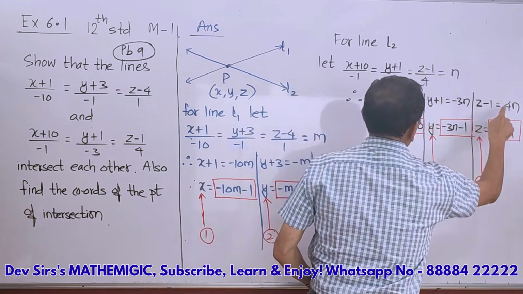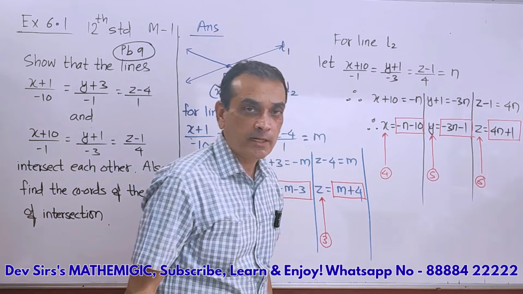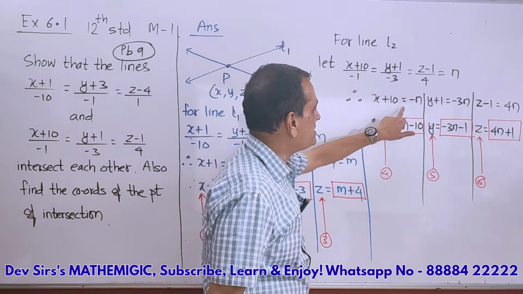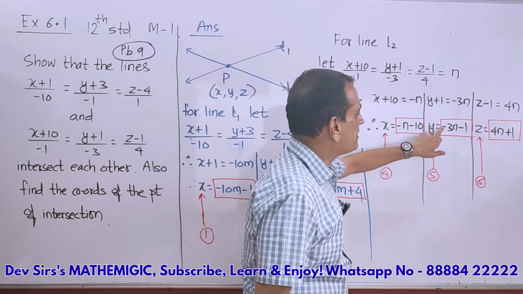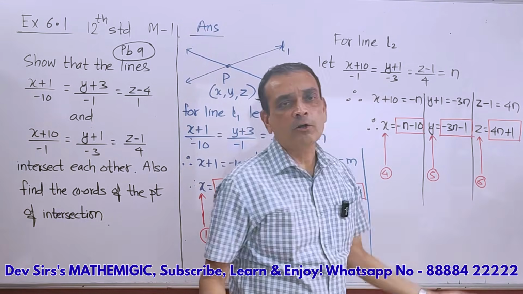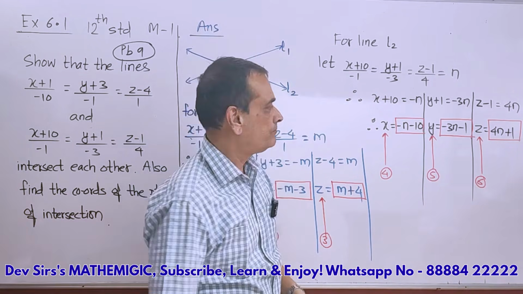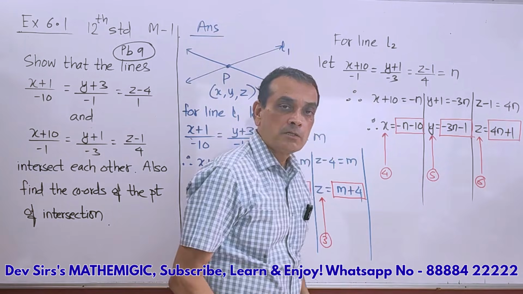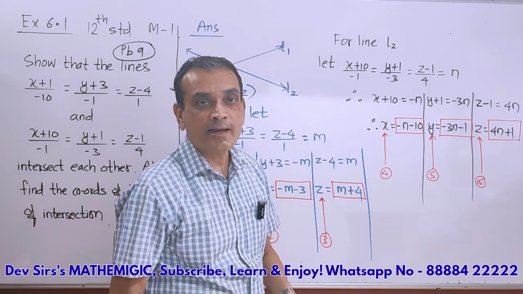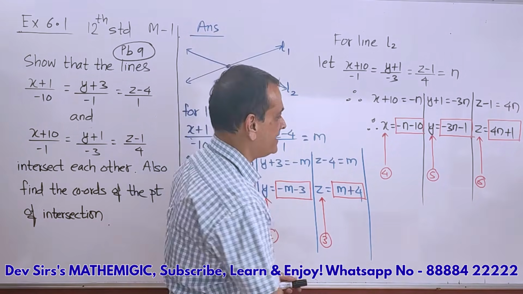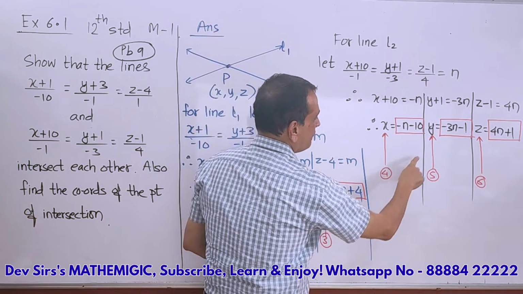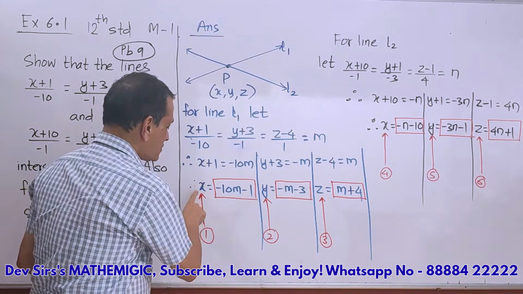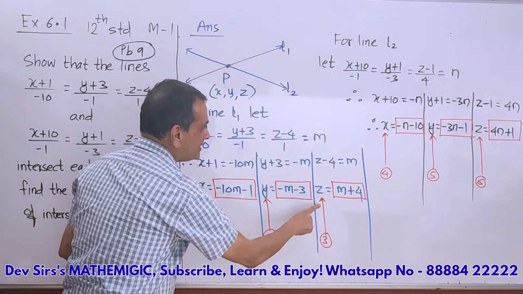Z minus 1 is equal to 4 into n, that is 4n. So x is equal to minus n minus 10. Y is equal to minus 3n minus 1. Z is equal to 4n plus 1. So again from line L2 I get three values of x, y, z: equation 4, equation 5, equation 6, and earlier equation 1, equation 2, equation 3.